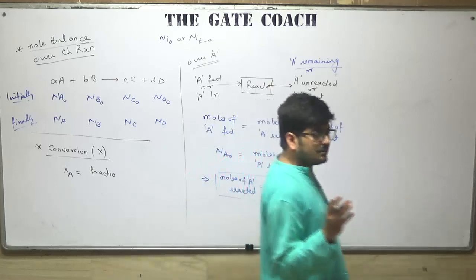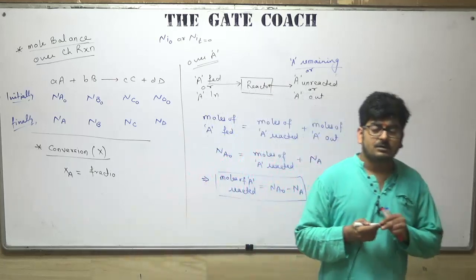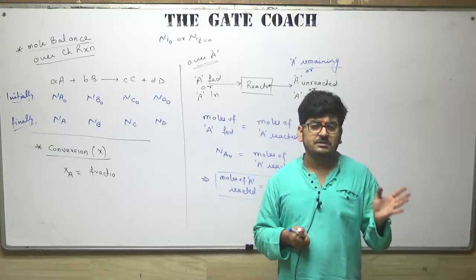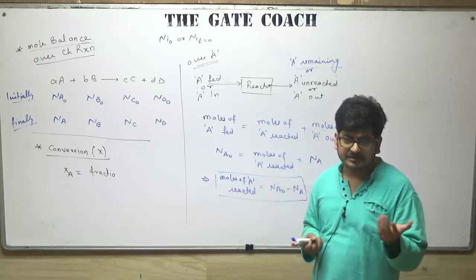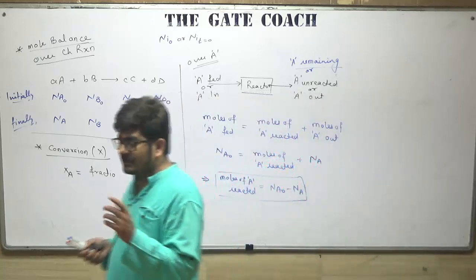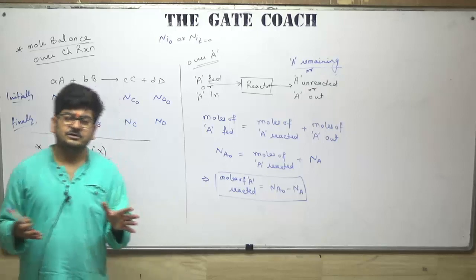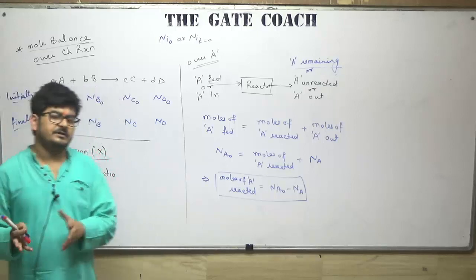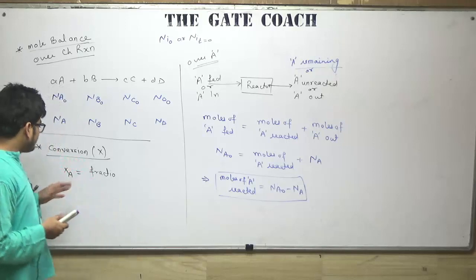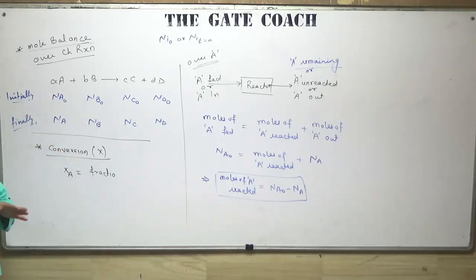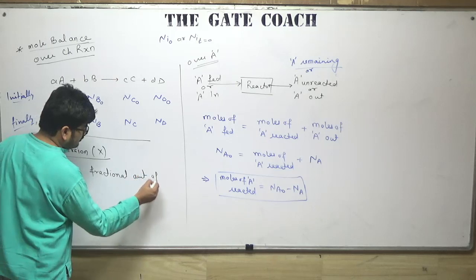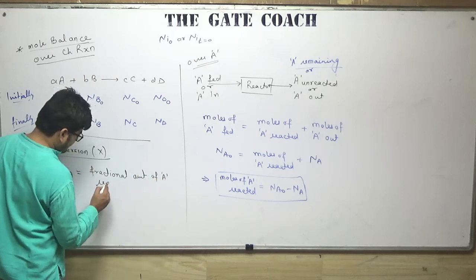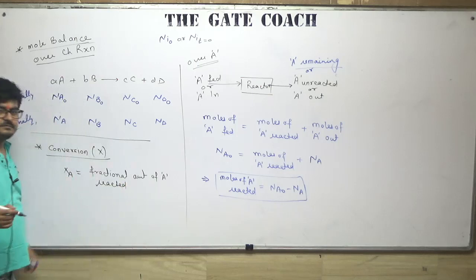conversion does not give the information about the number of moles or the amount reacted. Conversion never gives us the information about the amount reacted, but actually conversion gives us the information about the fractional amount of A reacted.